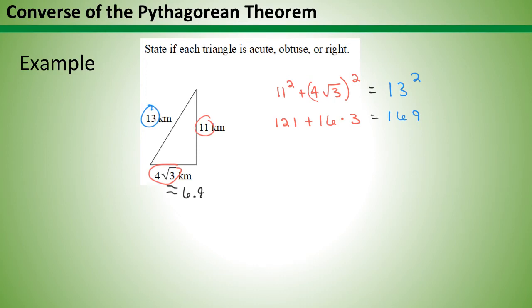Okay, so simplify this. 121 plus 16 times 3 is 48. 121 plus 48 is 169. So that gives me 169 is equal to 169. That tells me that this is a right triangle because those are equal to each other.